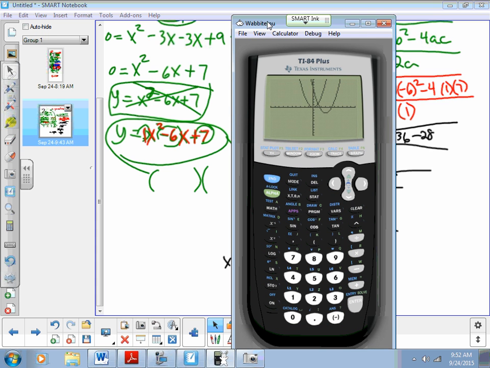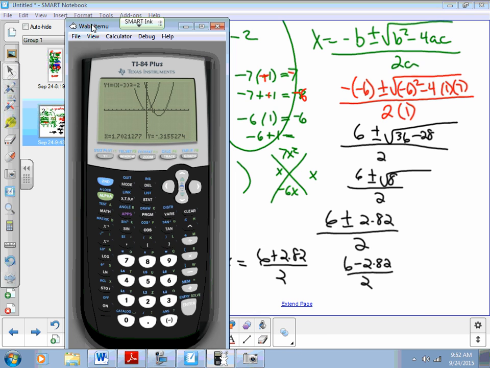Does everybody see the approximate x-intercepts? If I hit the trace button, somewhere between 1.4 and 1.7 is an x-intercept. Somewhere between them. I don't have the exact value, but the exact value is right here.